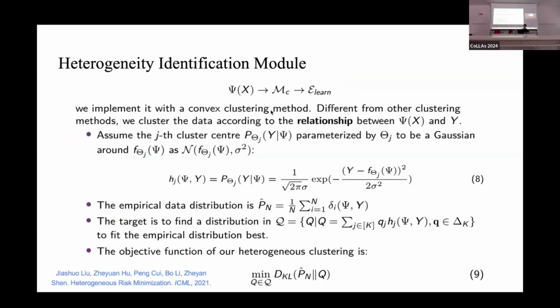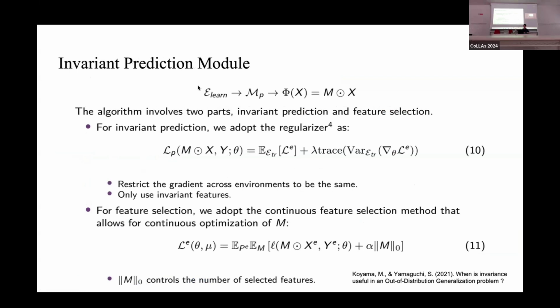For the heterogeneity identification module, MC, the goal is to use some unstable features as input and generate some learned environments. Here we use a Gaussian mixture model to capture the different relationships between X and Y. Therefore, the learned environments will capture different prediction mechanisms. After we have E-learned, we can input it to our prediction model MP to produce invariant predictors.